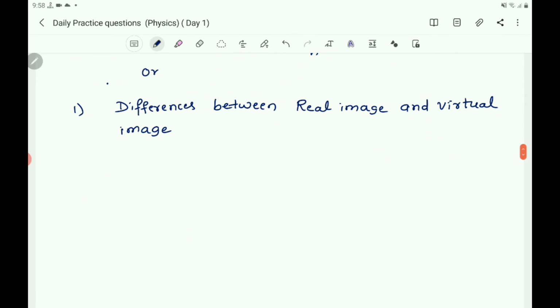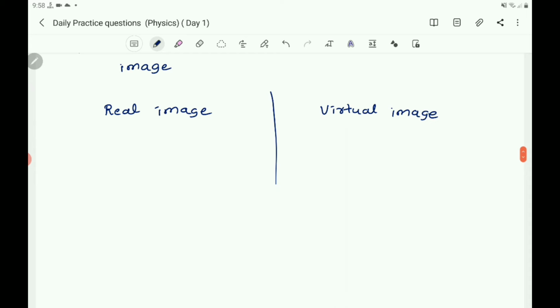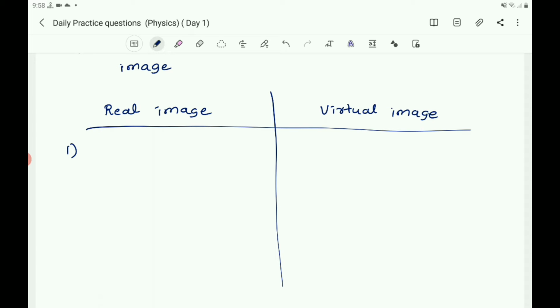So you write two columns. One is for real image, and the other is for virtual image. So let us write first one, how the real image forms. Real image forms by the actual intersection of the refracted rays. So we write rays actually meet at the image point.